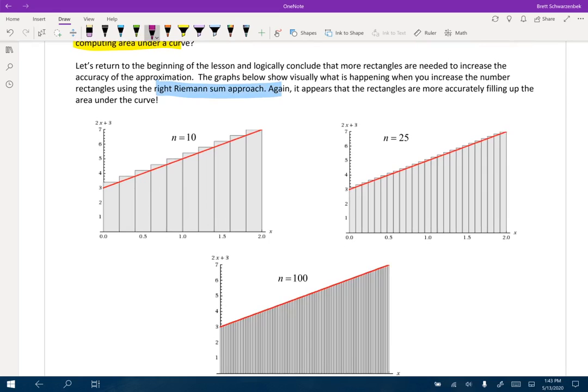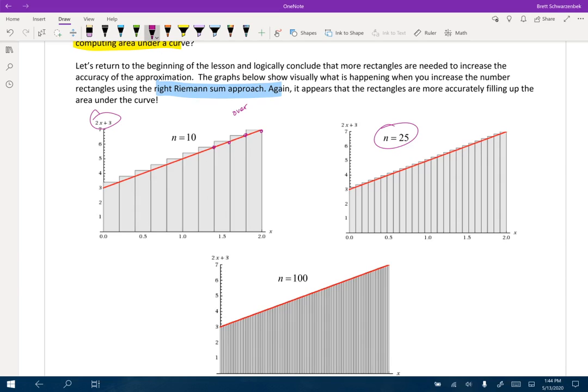So if we look at this first picture, clearly we have a right Riemann sum. So we're using the same line, 2x plus 3. Note that I have 10 rectangles. Okay, so right now when you look at these 10 rectangles, it seems like we're over the area a bit, right? Not so good. But then what if we went to 25 rectangles? So this is a realistic look at 25 rectangles.